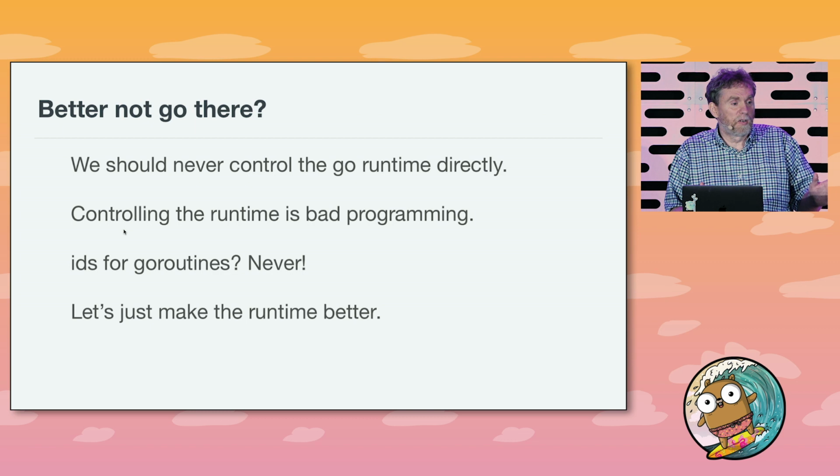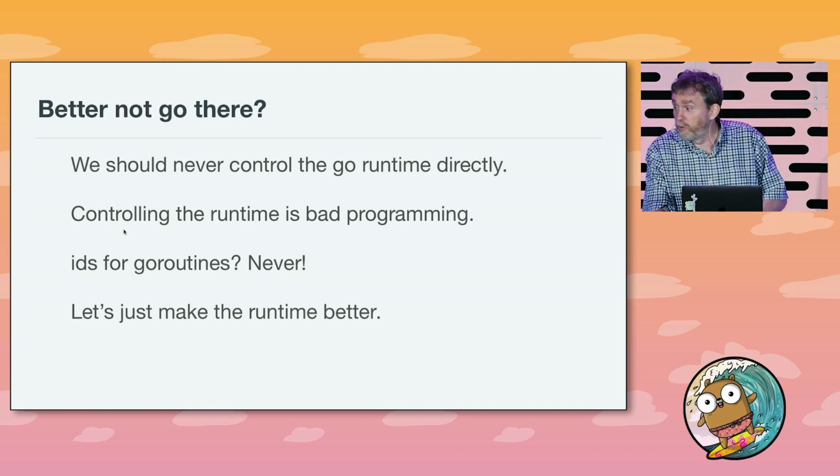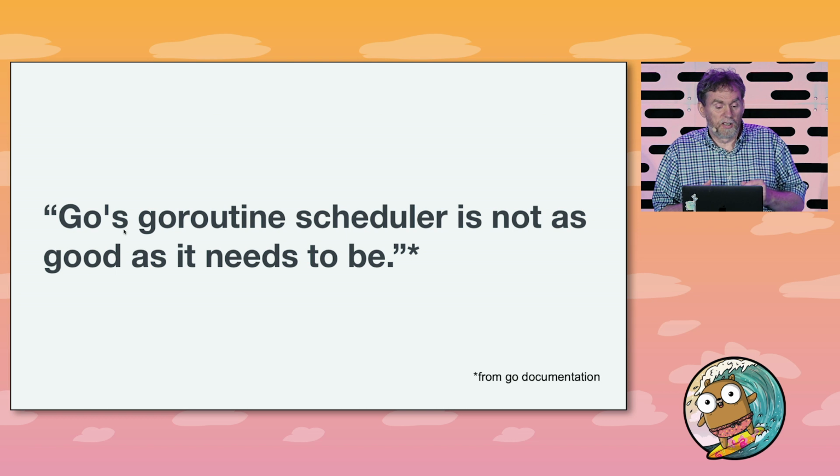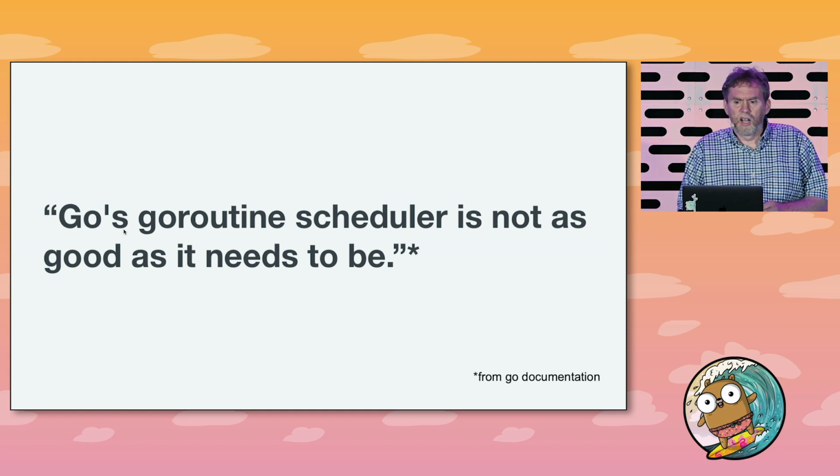Let's not have these kind of crazy knobs. We should just work to make the runtime better. So I think some people may have had thoughts like that. So let me say a few things about why. I guess I could just add, in the documentation they say, the runtime scheduler is not as good as it needs to be. We agree, we can make it better. We can do that.